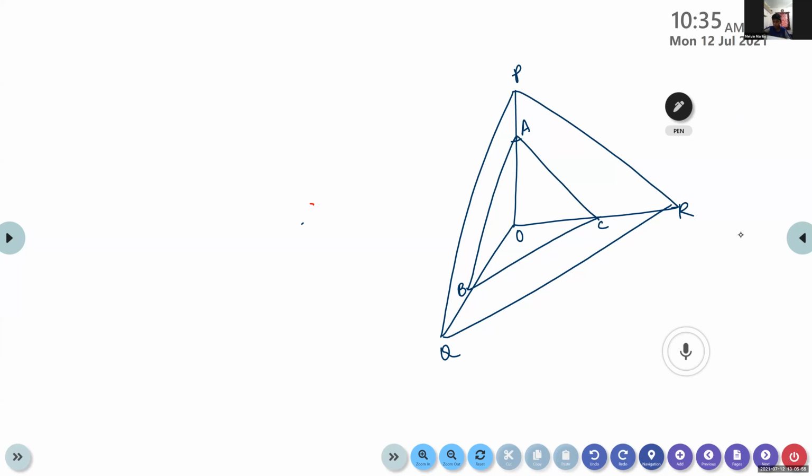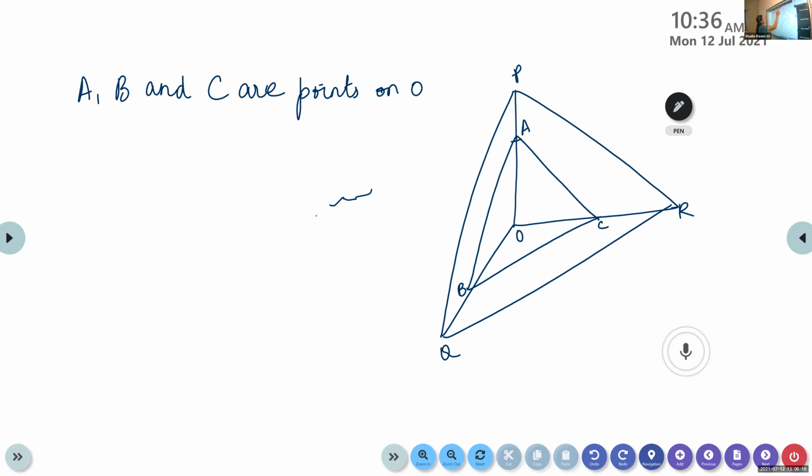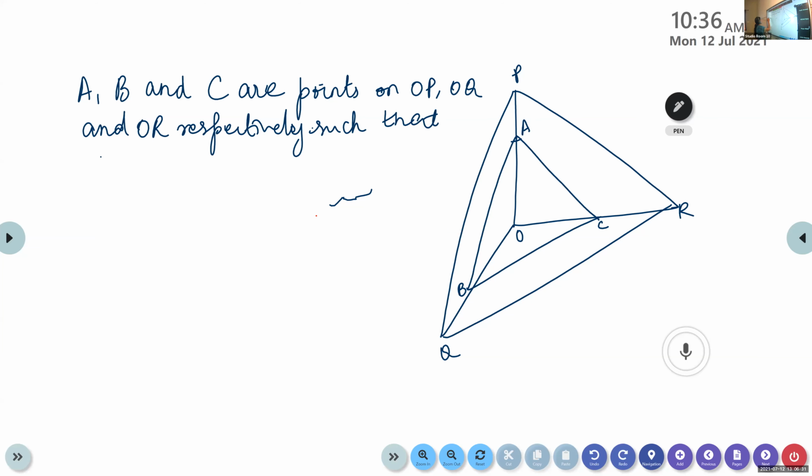Yes, ma'am. The question is like this. Write the question. A, B and C are points on OP, OQ and OR respectively, such that AB is parallel to PQ, AC is parallel to PR.